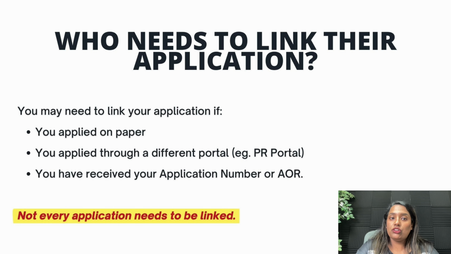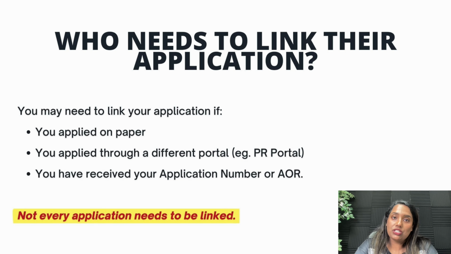And if you applied through a different portal, say the PR portal, where you submit PR applications, be it your AIP or your spousal sponsorship, once you receive your acknowledgement of receipt, your AOR, you will get an application number with it.